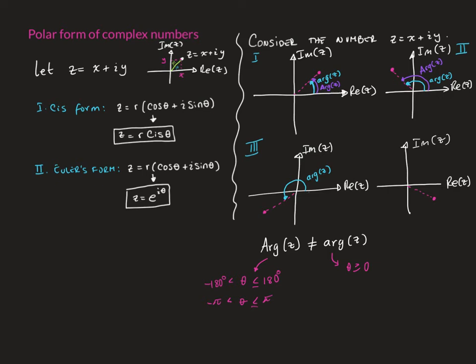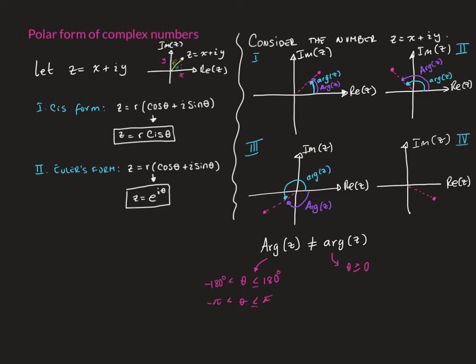I'm going to take from the positive axis, but this time I'm going to go clockwise towards the number. And then this is going to be the principal argument of the number z. So now you can see the difference. The principal argument will always take the shorter path. So you're always going to count the shorter angle.